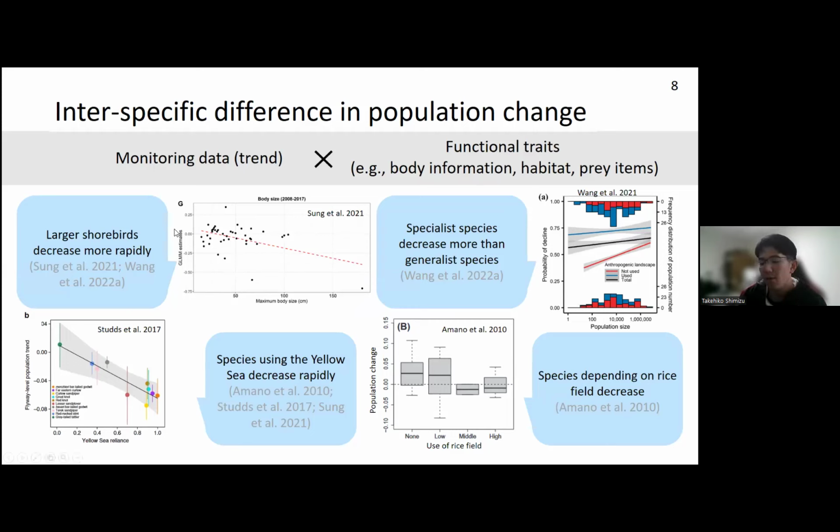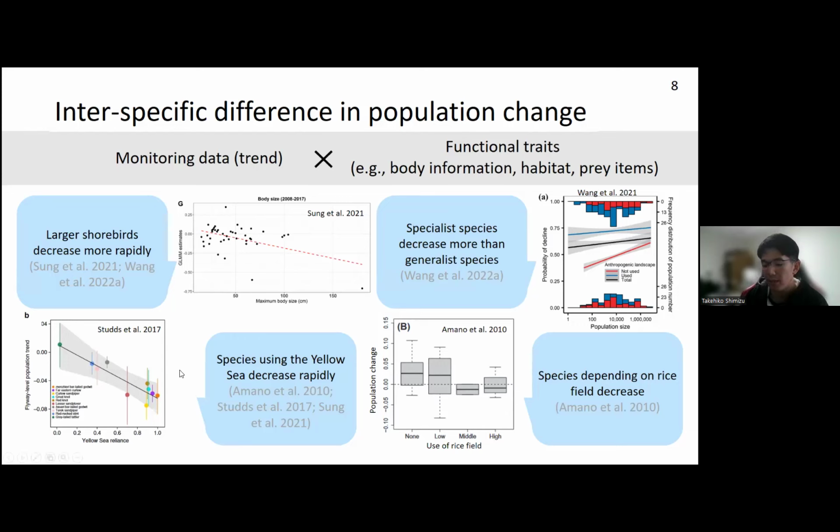Firstly, larger shorebirds decrease more rapidly than smaller species. Secondly, specialist species decrease more than generalist species. In this research, the distinction of specialist and generalist was based on whether the species frequently use artificial habitats.